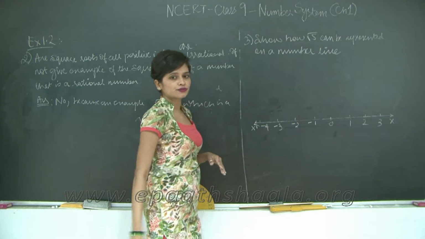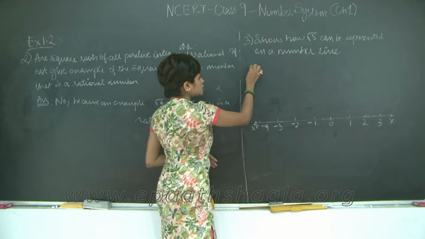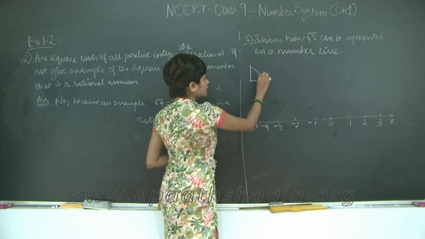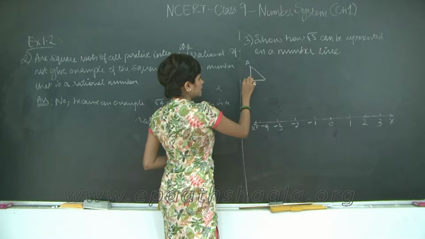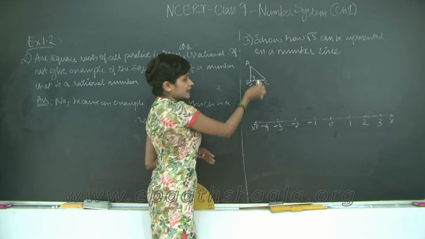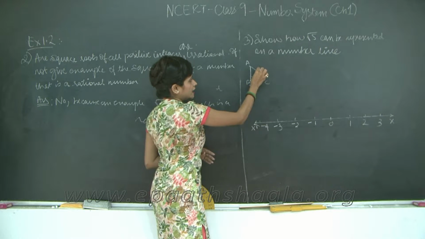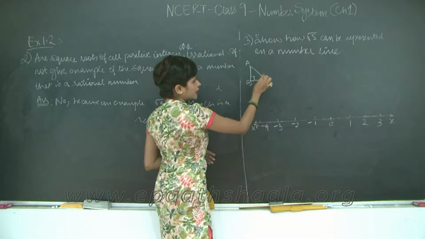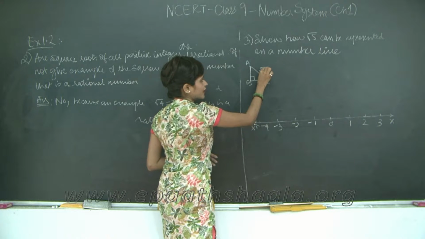So again I am going to use the Pythagoras theorem. Let's say I have a triangle ABC where B is the right angle. I need to plot root 5, so let's say my hypotenuse is root 5.